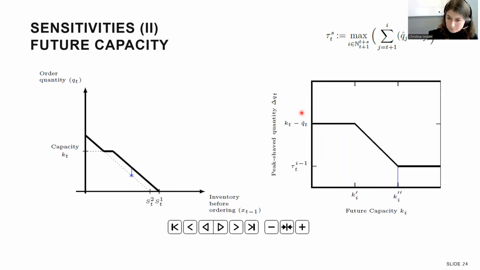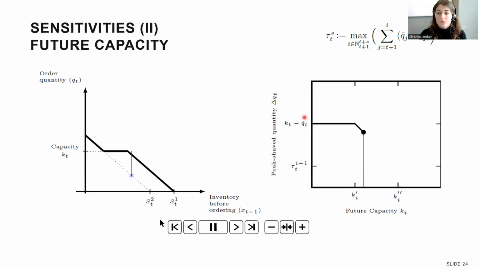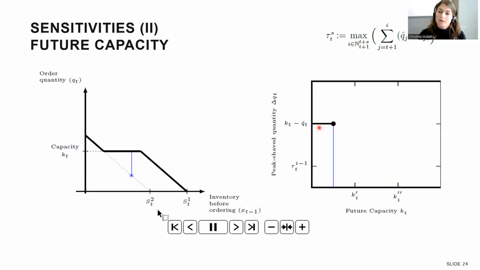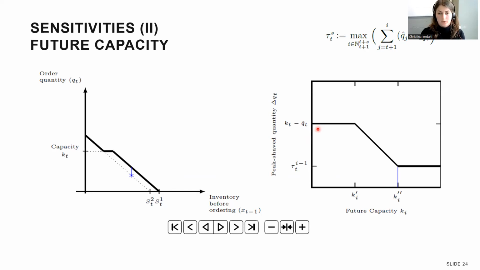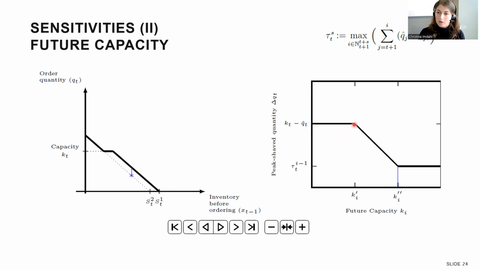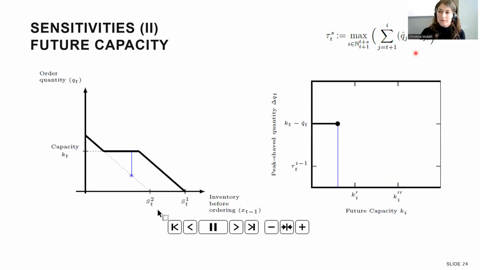So how that looks is that first we advance, if the capacity of that future period I is very low, then we advance a lot of units to the current period. Then, when the capacity increases further, how much we advance to the current period decreases, but that decrease continues until that period falls out of this equation here.